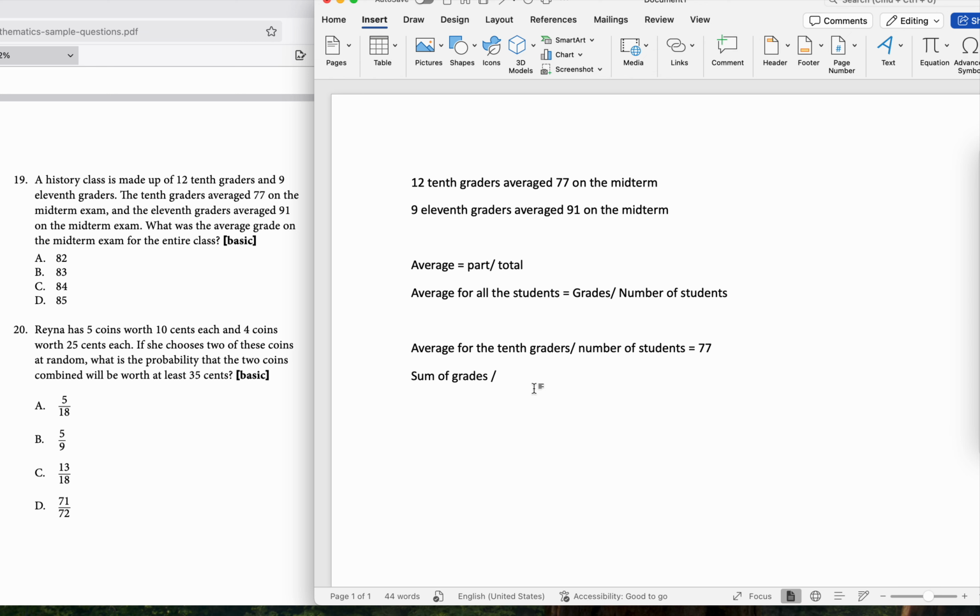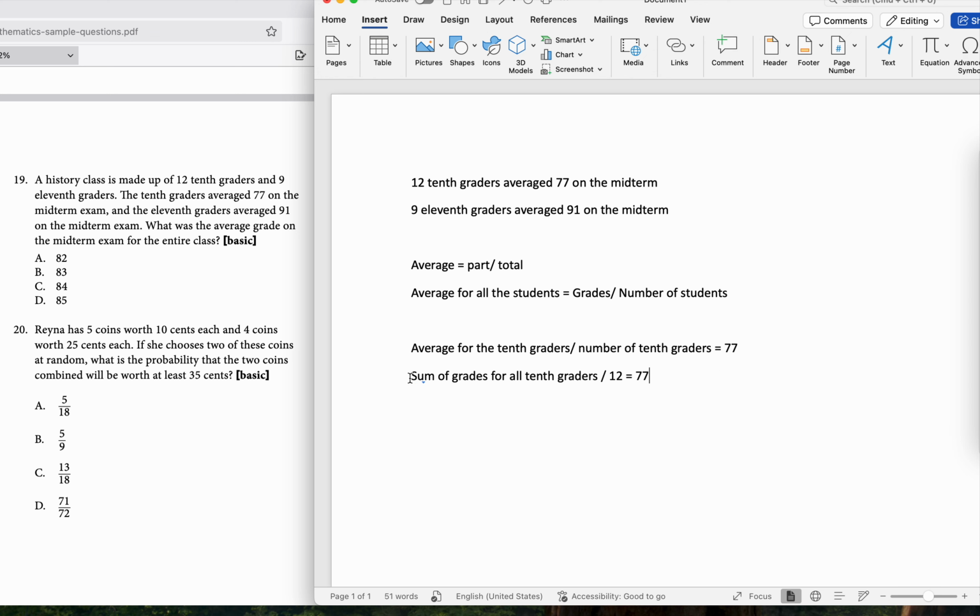Oh, and in this case, we're working on 10th graders, so it has to be 12, right? So the sum of grades for all 10th graders divided by the number of 10th graders equals 77, as they told us.